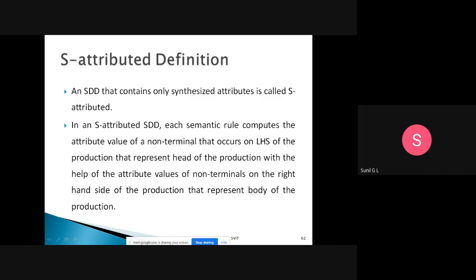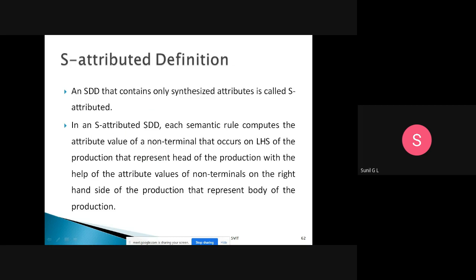Synthesized attribute means the parent attribute values will be generated using the child attributes. So that is bottom up order to evaluate a particular production or a tree. We will go from bottom to top. That one we will call an S attribute. So if all the attributes present in that SDD are synthesized attributes, then we will call it an S attributed definition.